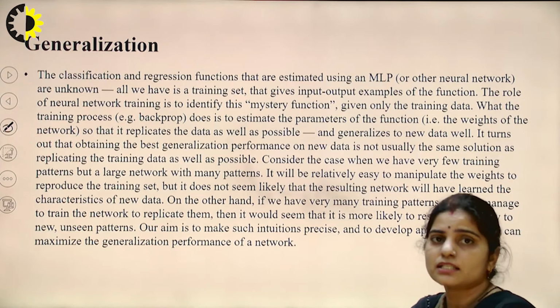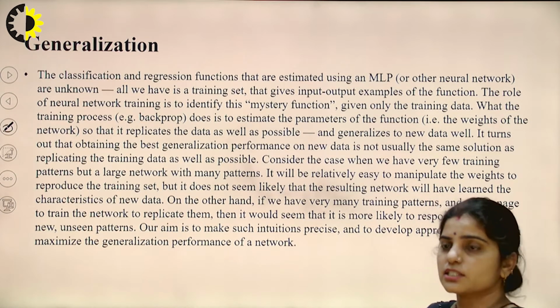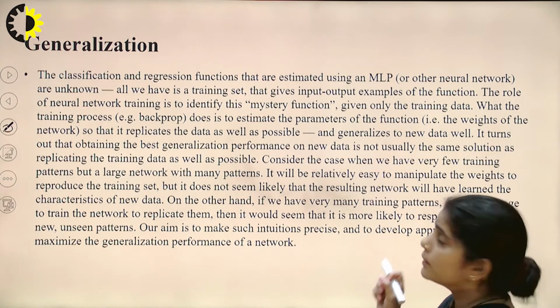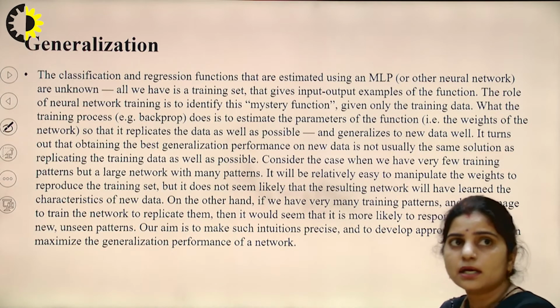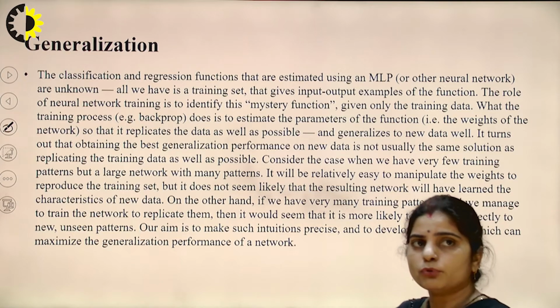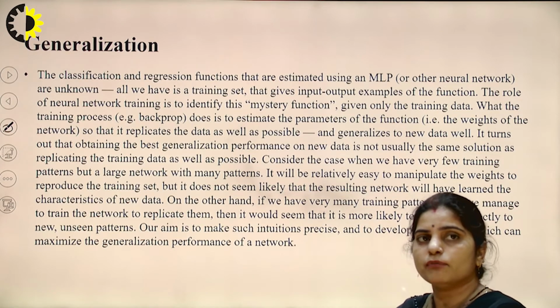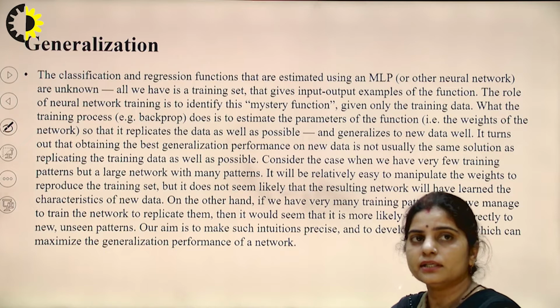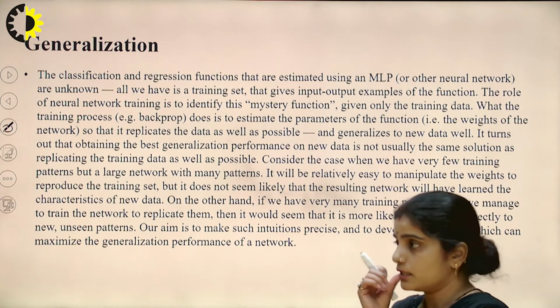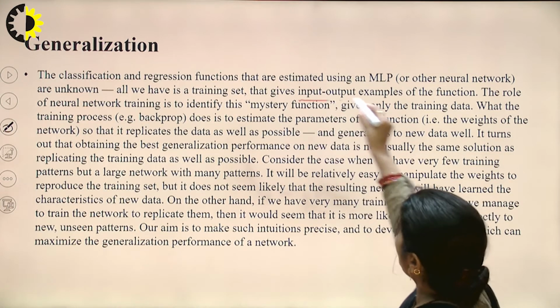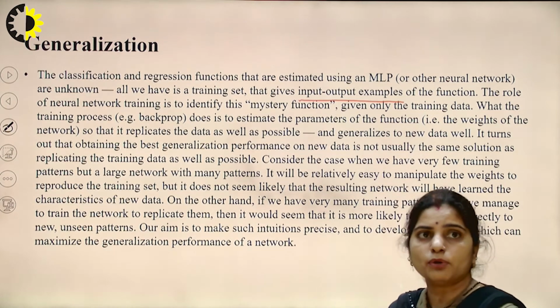The classification and regression functions which are estimated by using multi-layer perceptrons, or MLPs, are unknown. At the initial level, we have only a training data set, which gives input-output examples of that particular function.